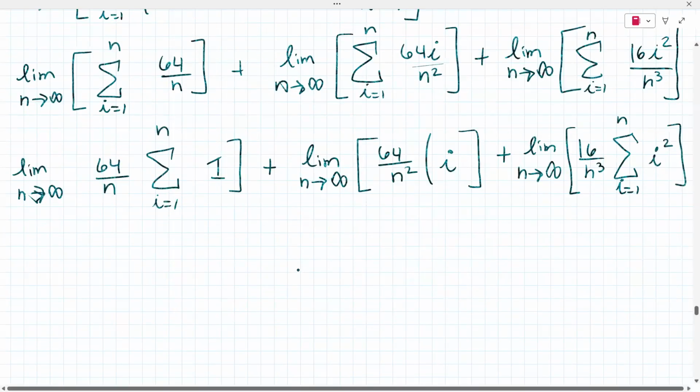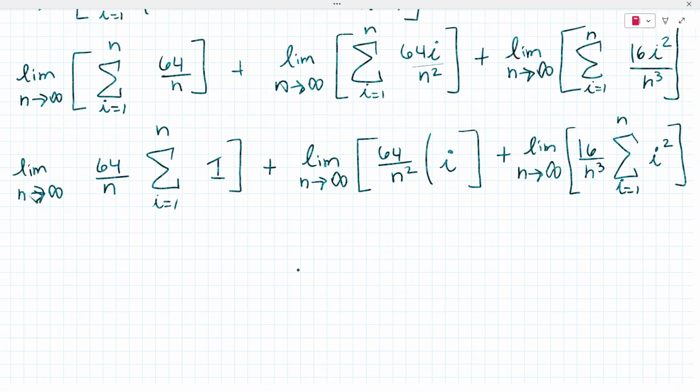And okay, now we have to use our summation rule. So this one can be like an n, right? One is a constant, so you can write that as an n. This i, according to the rule, can be expressed as n squared plus n over 2. And then this i squared can be replaced as 2n cubed plus 3n squared plus n all over 6.